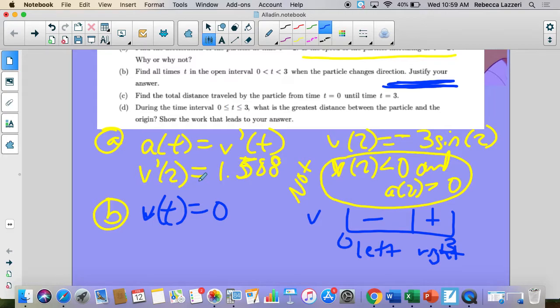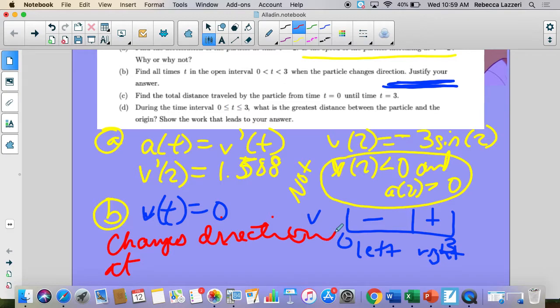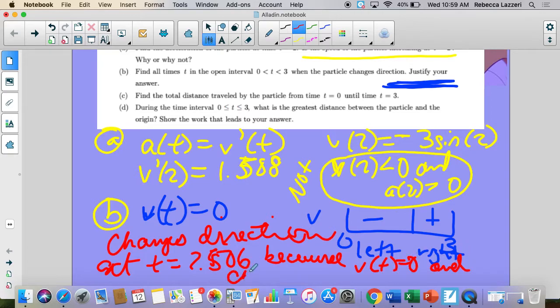Find all times in the open interval when the particle changed direction, justify your answer. All right, so it changes direction. I'm not going to try to write all these words right now. t equals 2.506 because v of t equals 0 and changes from what?